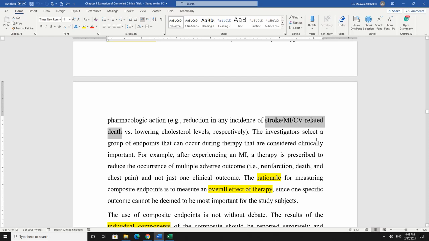But the problem is death, for example, is more dangerous than myocardial infarction or stroke or angina pectoris. Maybe angina pectoris is the least, while the importance of death is more influential in my decision. If it can reduce death, it's better for me than if it can reduce angina pectoris. Yes, I want to reduce all these things, but death is more important.